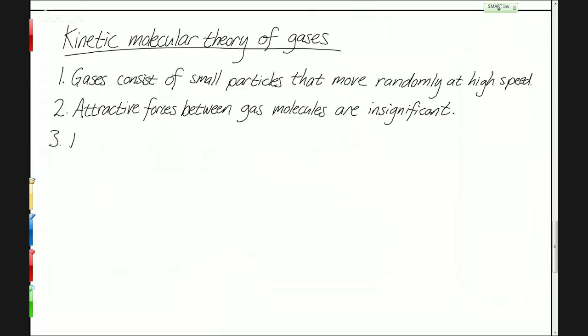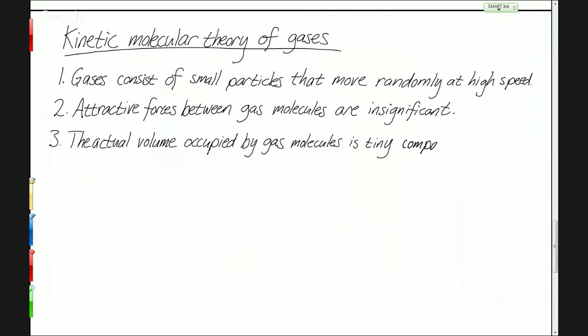Third, the actual volume occupied by the gas molecules is tiny, very small, compared to the volume the gas occupies.